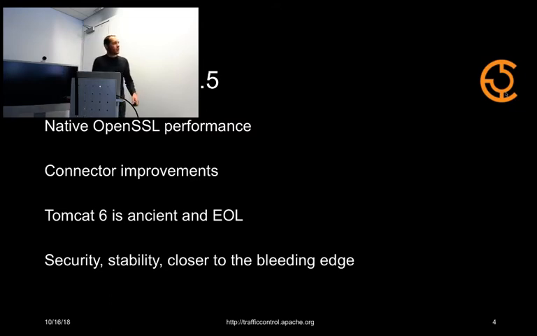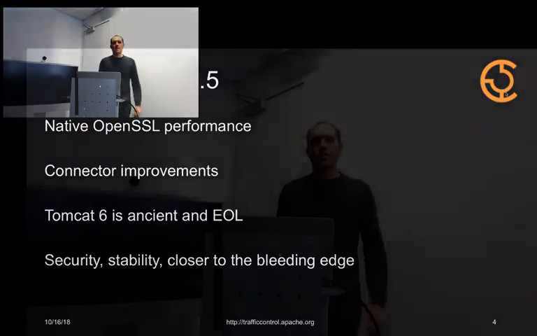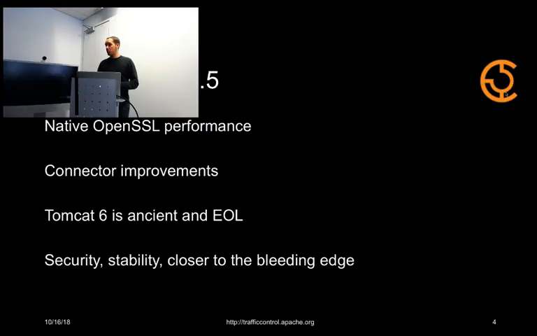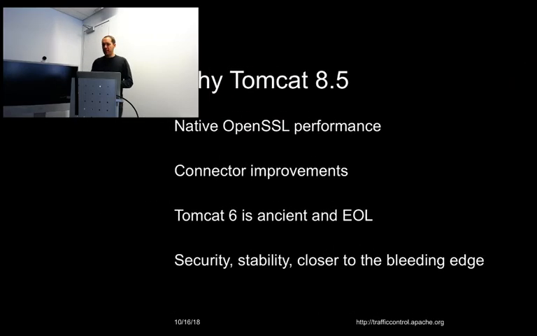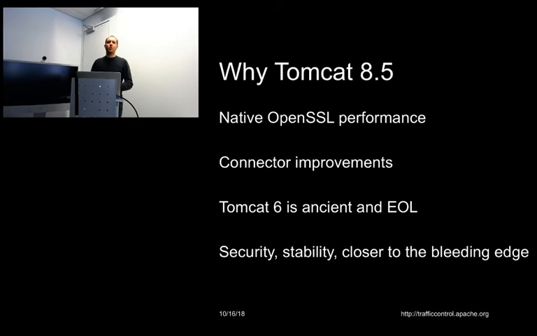Also coming along with 8.5 are additional improvements to the connectors that we use. We had used the BIO connector, or the blocking IO connector, which obviously the B word is not good. If other Traffic Router people here recall, we had a fairly significant issue with the 6.0.33 NIO connector, and we never really revisited that, so we were like, okay, just go back to BIO.